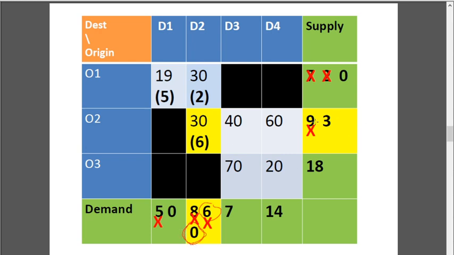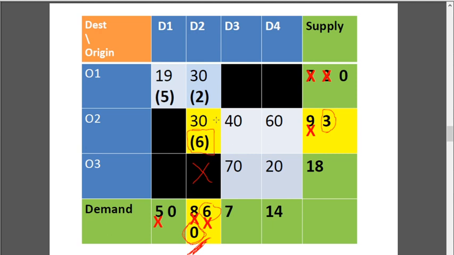And from 9, since I have given 6 units, the remaining units at the origin will become 3. Mark up the 6 units I have given here. Now, since the demand has become 0 for this destination, no need to process the remaining cells at that destination. Cut it off.